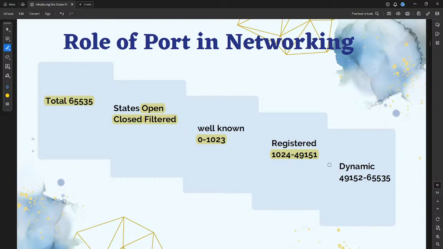The registered ports range from 1,024 to 49,151. Then finally we have dynamic ports, and these are the ports that range from 49,152 to 65,535, which all totals to the available ports that we have, a total of 65,535. Very important to note this.